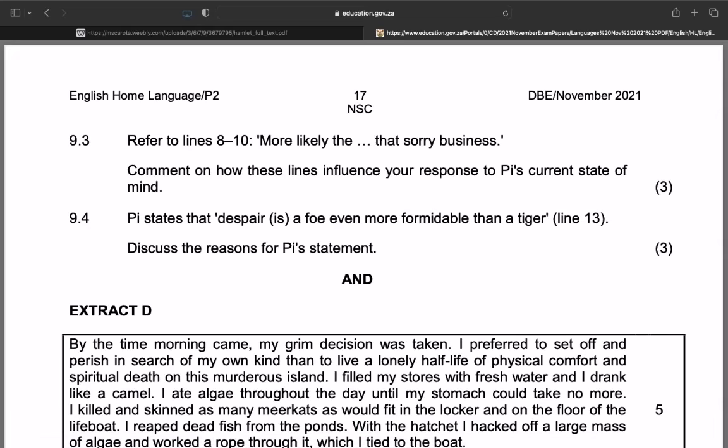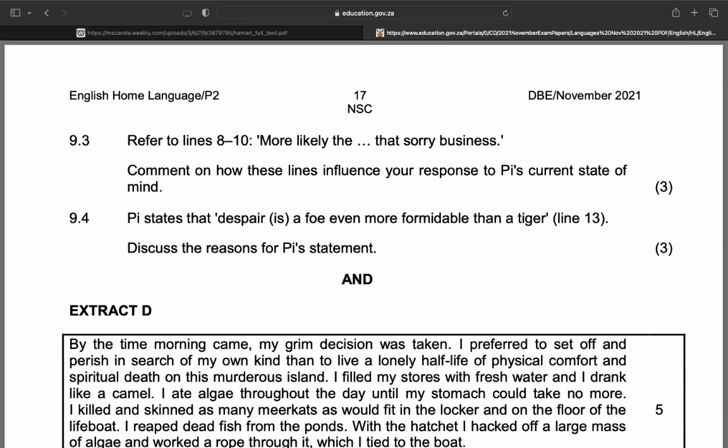So I would say that this line influences my attitude because I have a great sense of empathy for Pi, or I admire Pi, or I feel sorry for Pi. Some of you even write that. You say, I feel sorry for Pi. And that's fine.